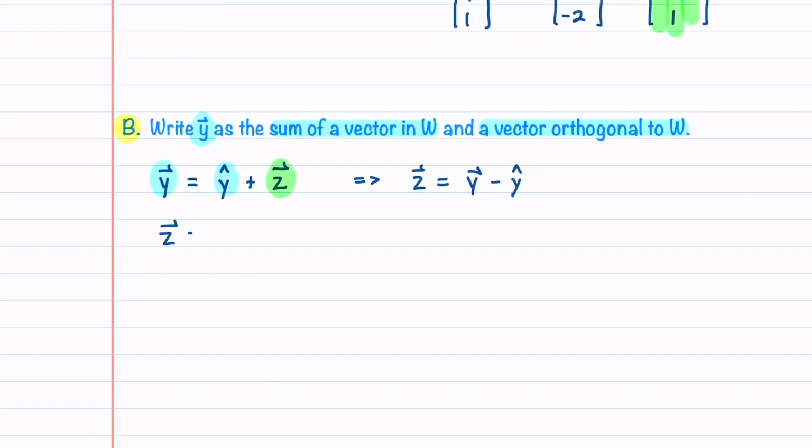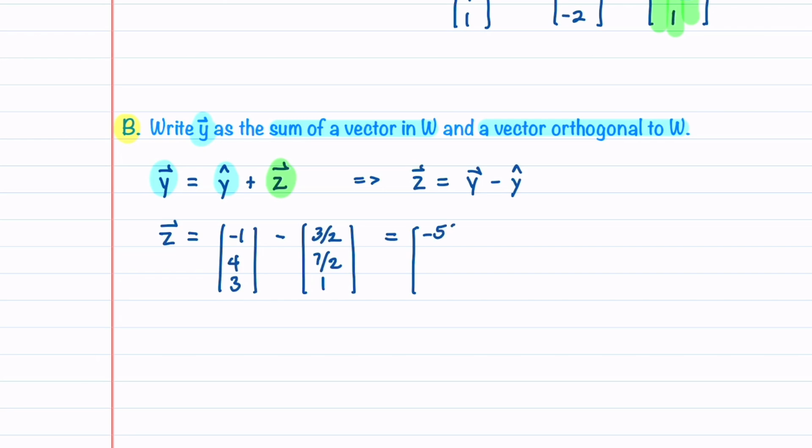Let's go ahead and compute that. Our vector z is our vector y, which is the vector -1, 4, 3, minus y hat, the vector that we just computed, 3/2, 7/2, and 1. Our vector z is then equal to -5/2, 1/2, and 2.